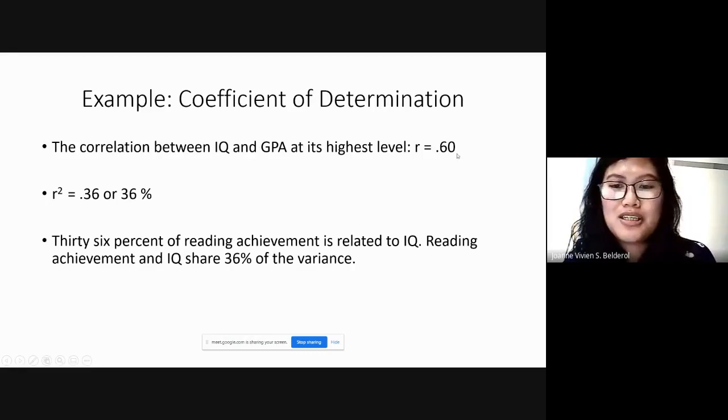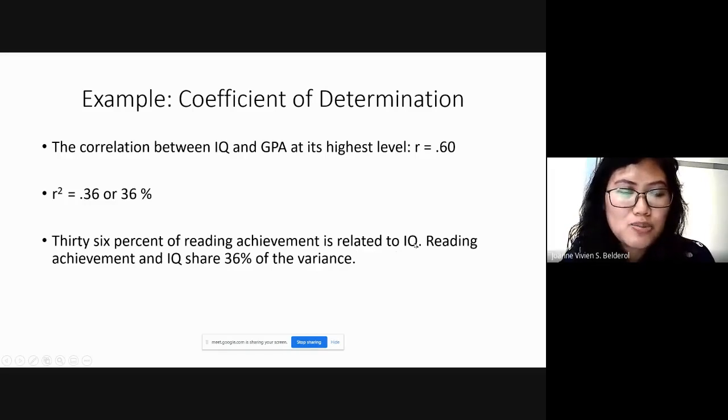Then if you square it, 0.60 times 0.60, you have 0.36, times 100, so you have 36%. So in interpreting 36%, this is GPA: 36% of GPA is related to IQ.